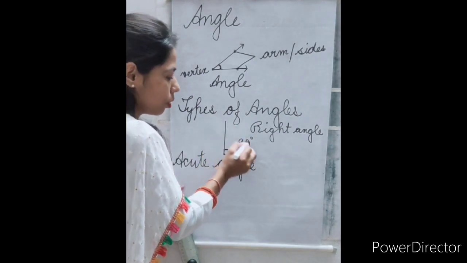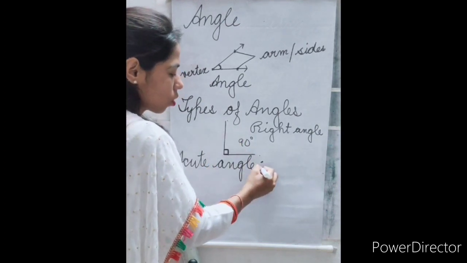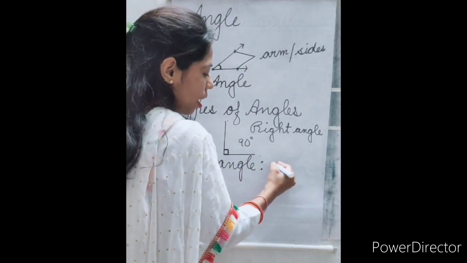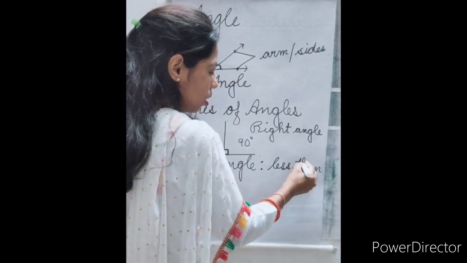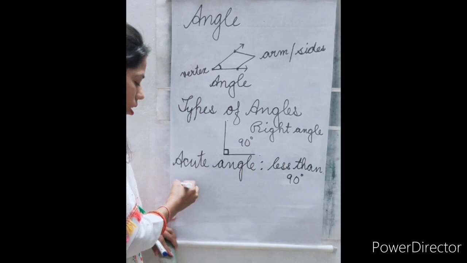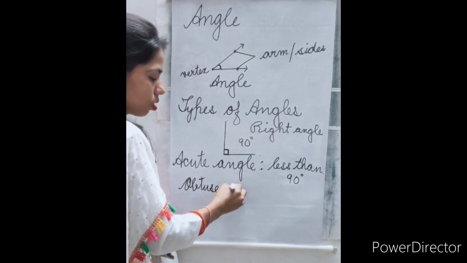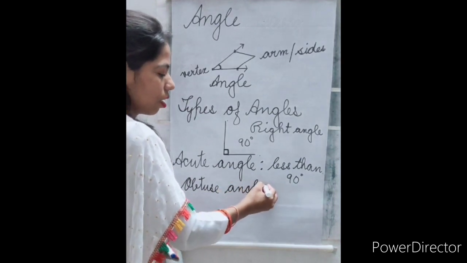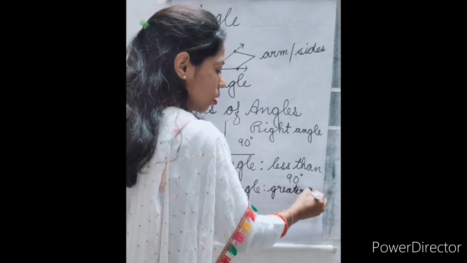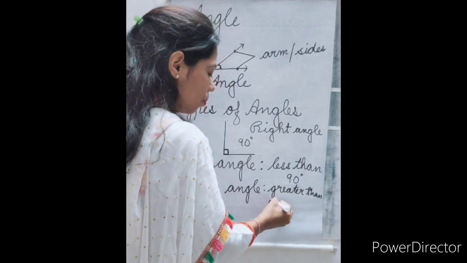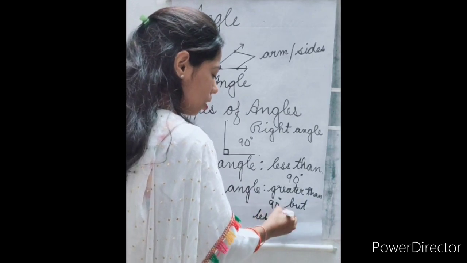All the angles formed in between, from this to this, less than 90 degrees, are called acute angles. Then the obtuse angle: greater than 90 degrees but less than 180 degrees.